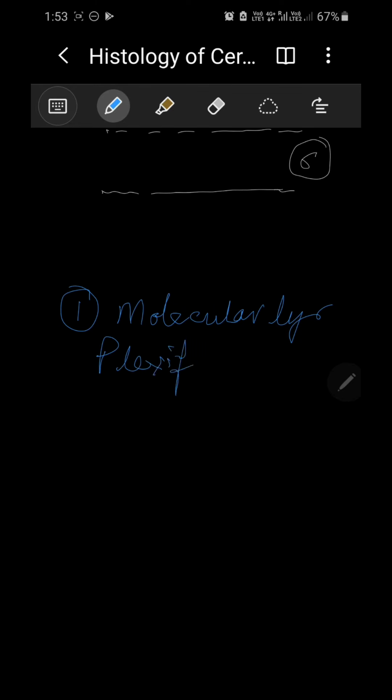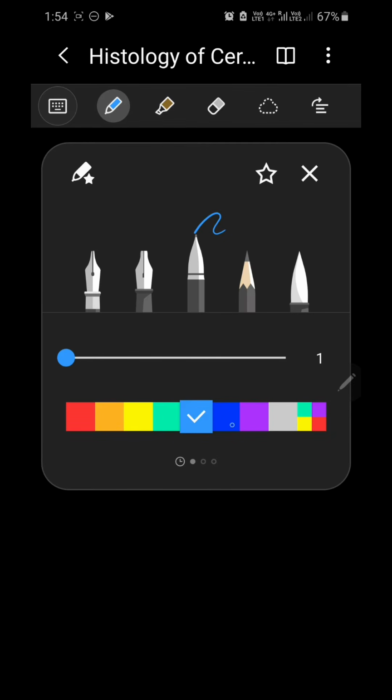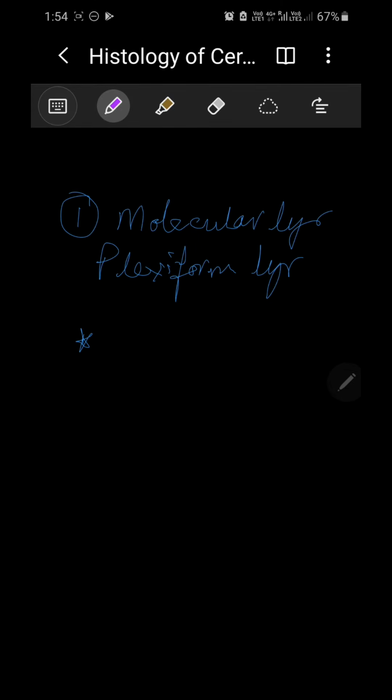In the first layer, we have the molecular layer, the outermost layer, also called the plexiform layer. It has nerve fibers, as I have already told you. Then you have special cells here, called horizontal cells of Cajal.